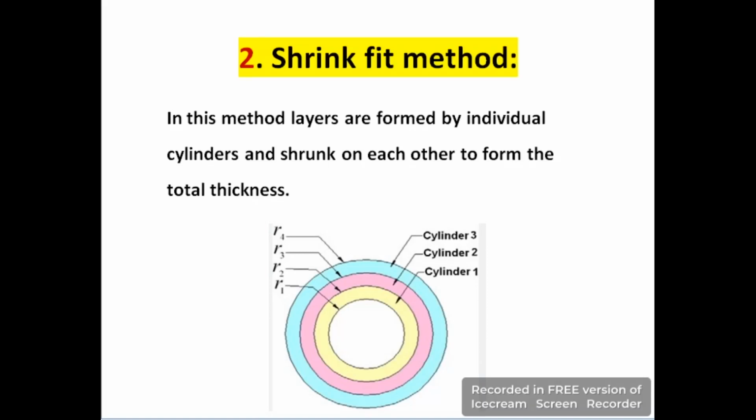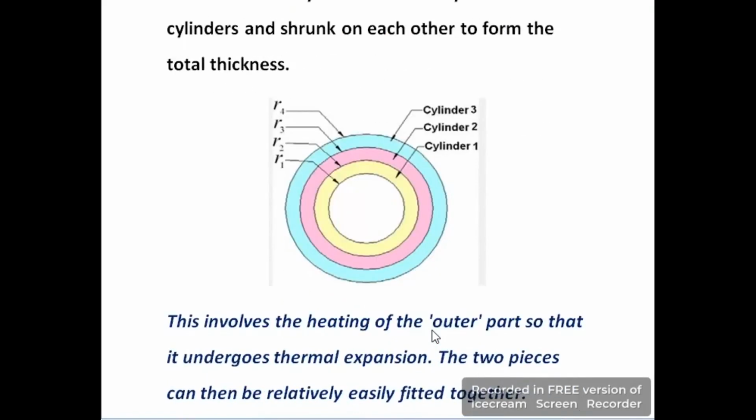The second method of fabrication of high pressure vessel is the shrink fit method, and in this method different cylinders are joined together. Here in the diagram you can see cylinder 1, cylinder 2 and 3 joining together. How do these join?